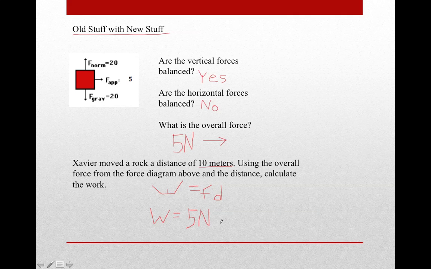I have to multiply that times my distance, 10 meters. And I get my work, and that is 5 times 10, which is 50. Need a label, my units, 50 joules. And that is my answer.